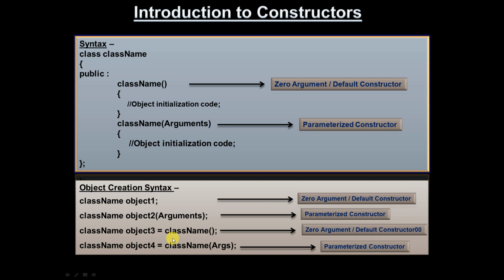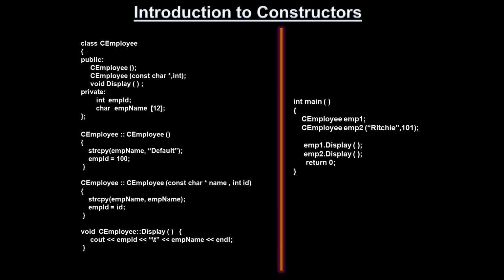Now just see this program. This is the code: class CEmployee, const char star and int. The first constructor is not taking any arguments. The second constructor is taking two arguments: const char star and int, then void display with emp id and emp name. Previously we were using set_details and strcpy; instead of that, I am writing a constructor.